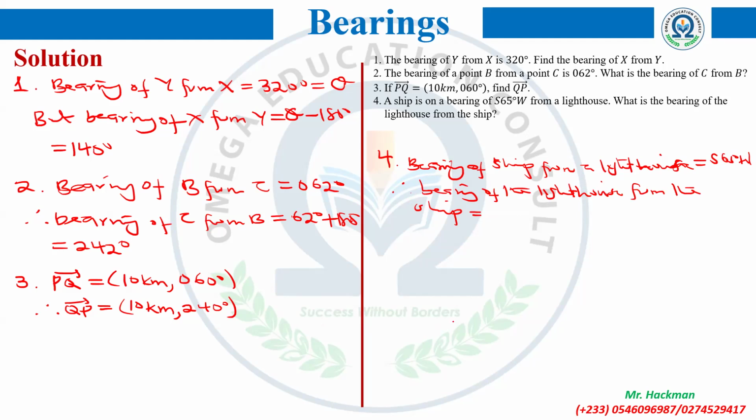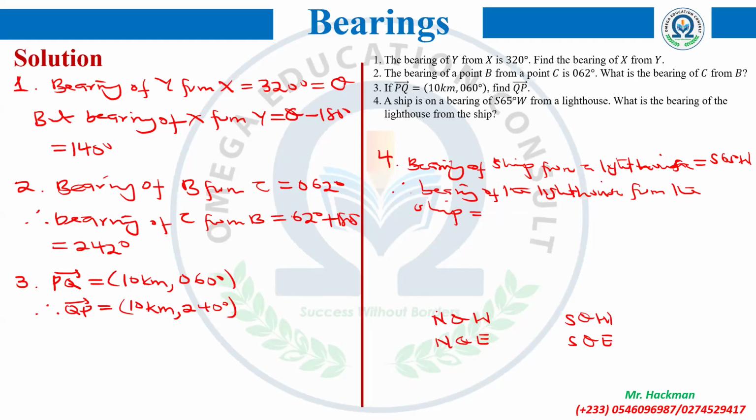Always you are going to get either north theta west or north theta east, and again either south theta west or south theta east. Is that clear? That would be the possible nature of your compass bearing forms.